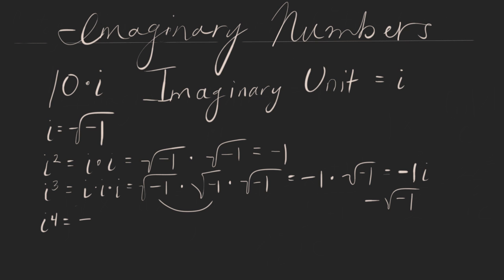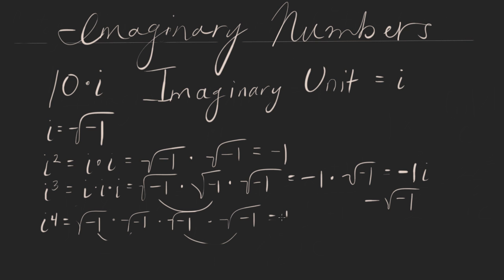Well, maybe I should write it out, just to give the visual. So we'd have these two combined and these two combined. So this would equal -1, this would equal -1, and -1 times -1 equals 1. Pretty straightforward.